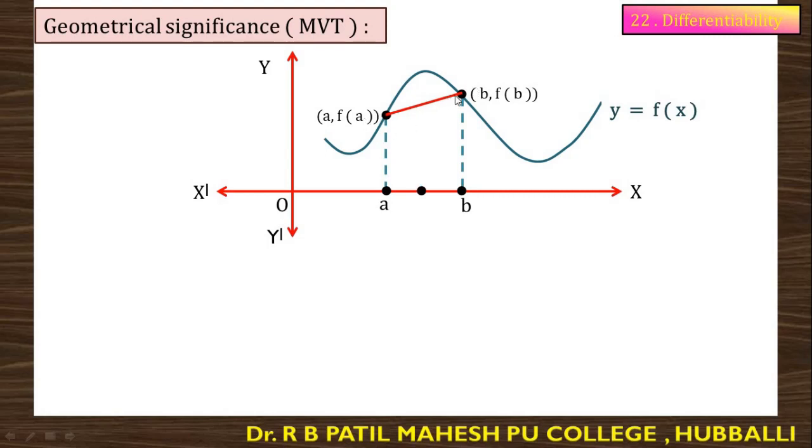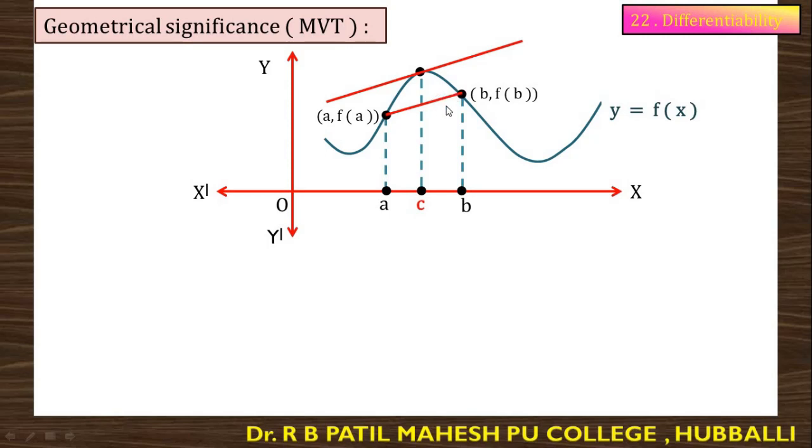Next, the point c. At this point, let me draw a tangent. Now, the slope of the tangent at point c is denoted as f dash of c. This is equal to the slope of the secant line.